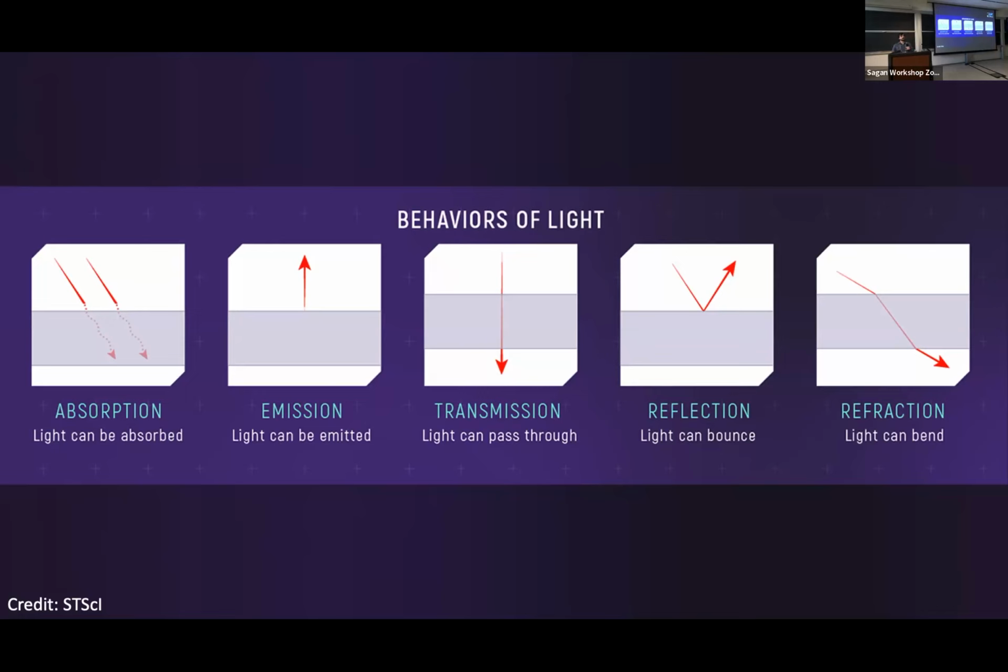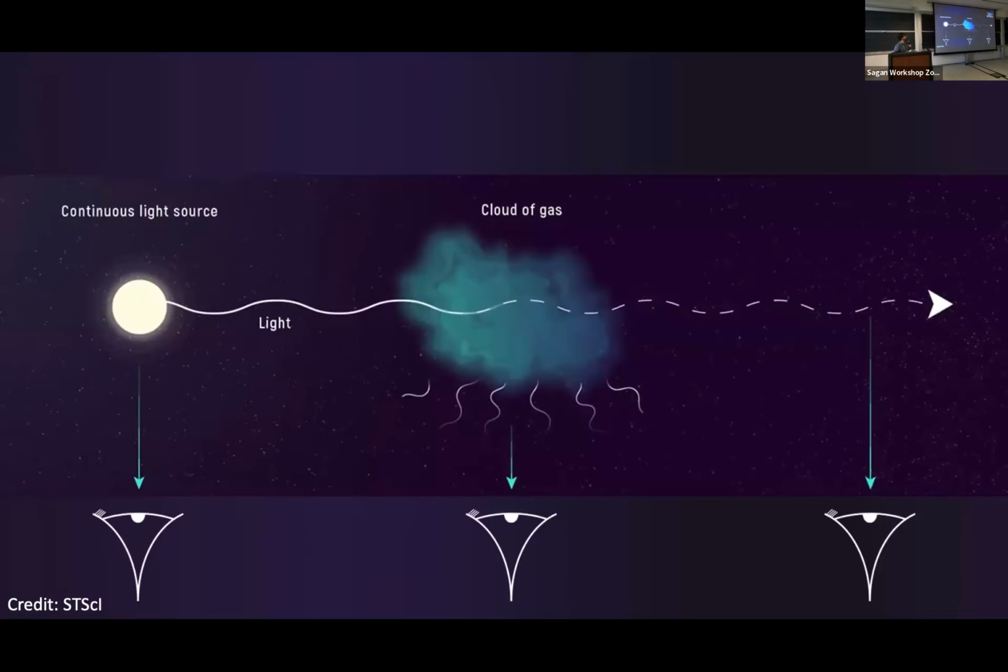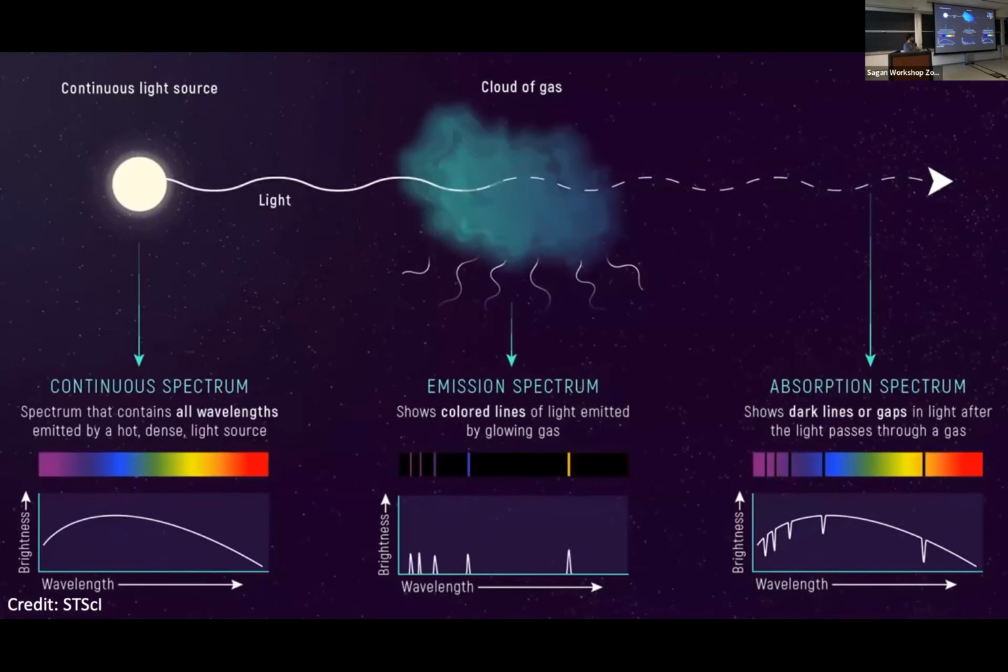In a common textbook picture of this for astronomers, we might have a continuous light source here that we can just observe. And we're just going to use this weird physicsy diagram of an eye to think about what the observer would see if they observe this continuous light source, a cloud of gas, or the continuous source through the cloud of gas. If we just observe this isolated star, we get a continuum spectrum, here depicted as a black body.